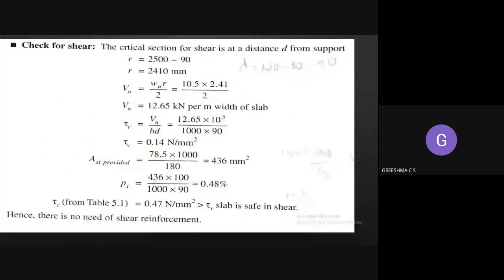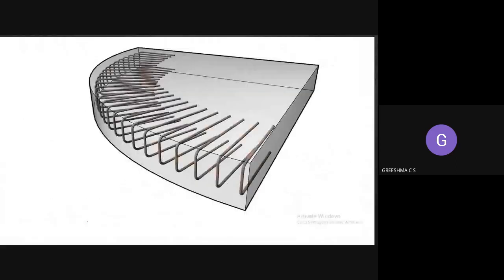If you see the 3D of this picture, this is the 3D of the radial reinforcement, and this is the 600 mm.